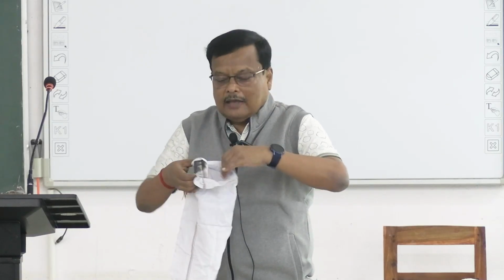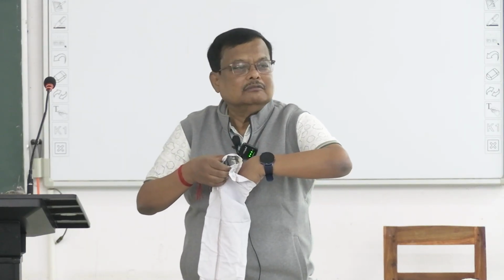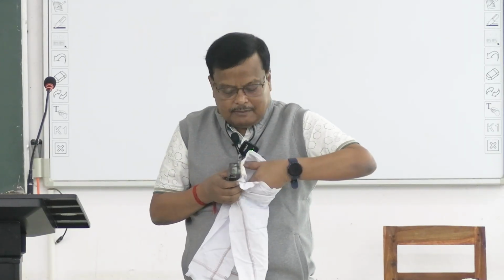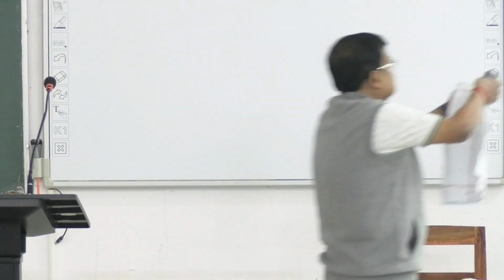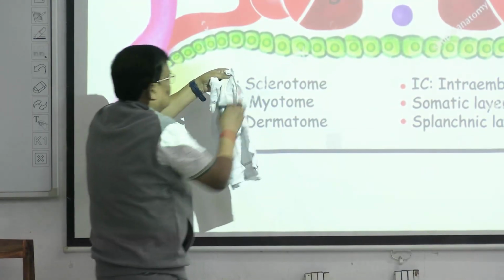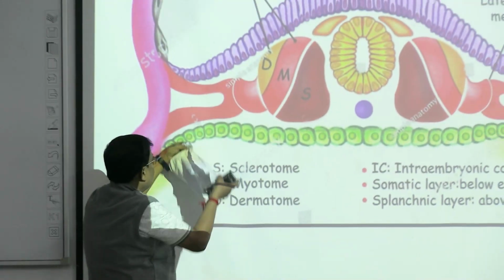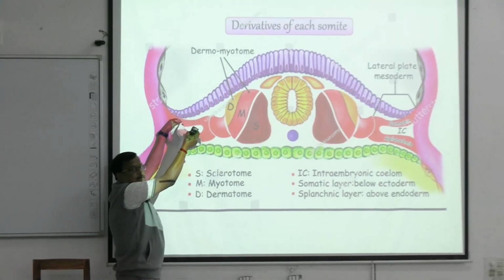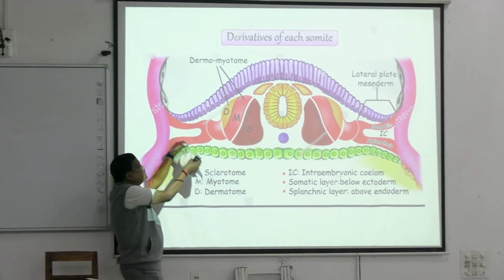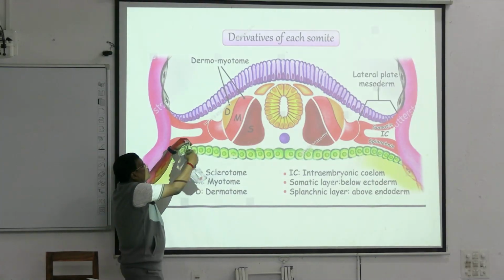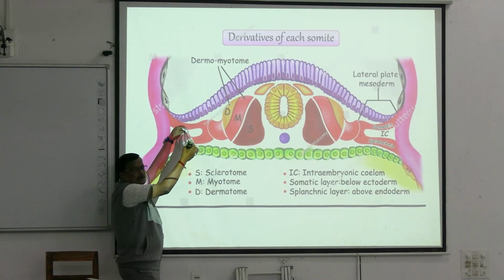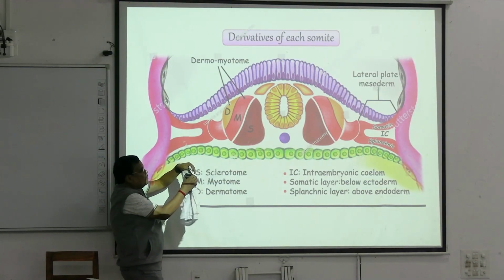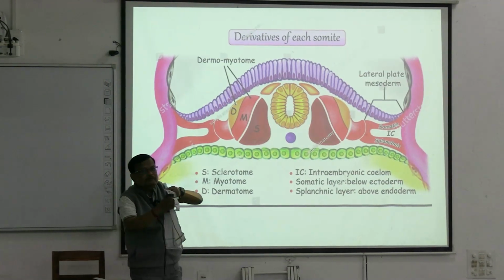And this is the peritoneal cavity here. Right? This is the split: above is the somatopleuric, below, ventral to it, is the cavity, and the stomach is invaginated, the heart is invaginated like that.